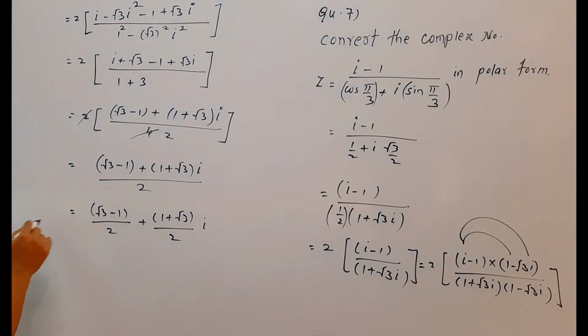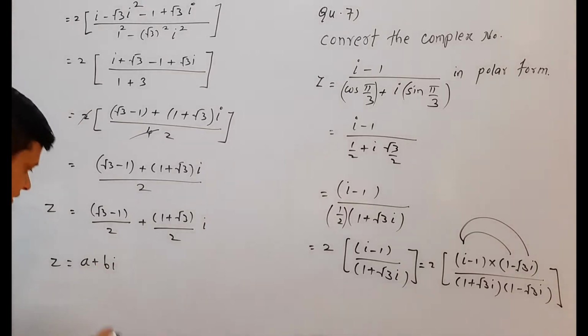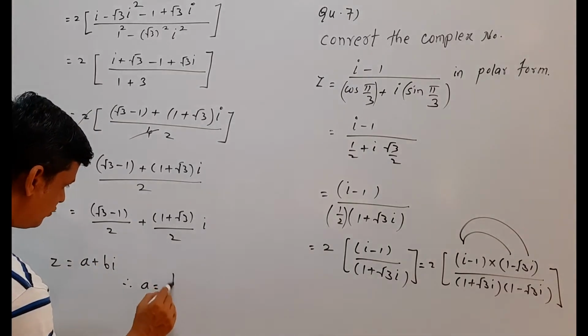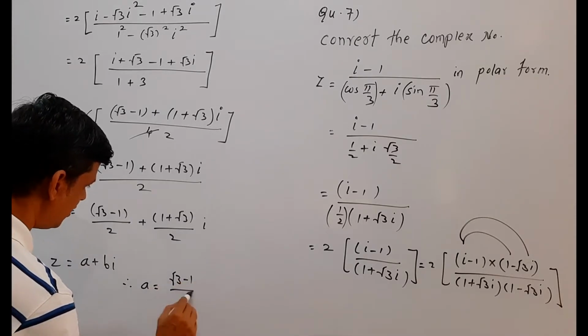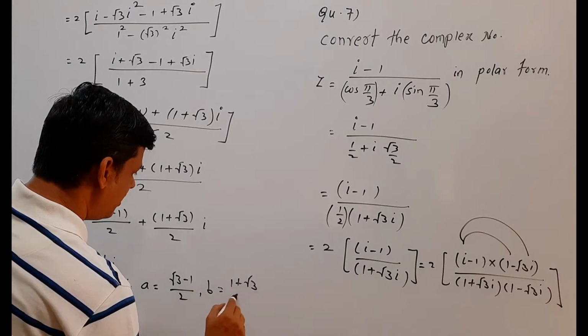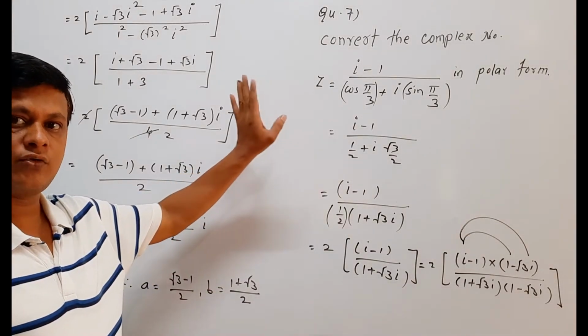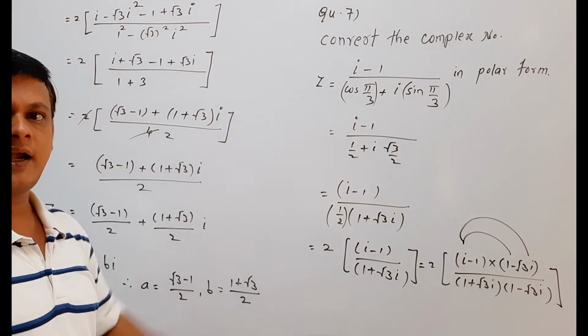Now this is in the form z = a + ib. Therefore a = (root 3 minus 1) upon 2, b = (1 plus root 3) upon 2. Now we have to convert this into polar form, so we have to find the value of r and the value of theta.